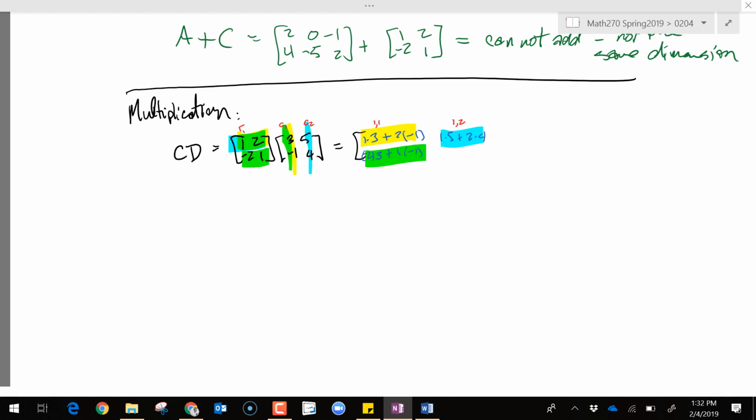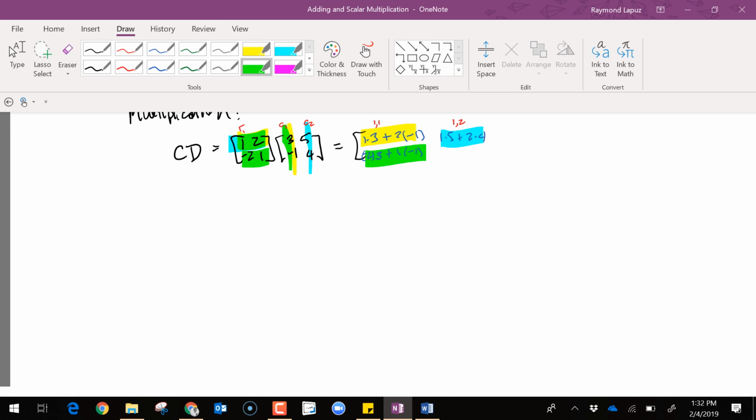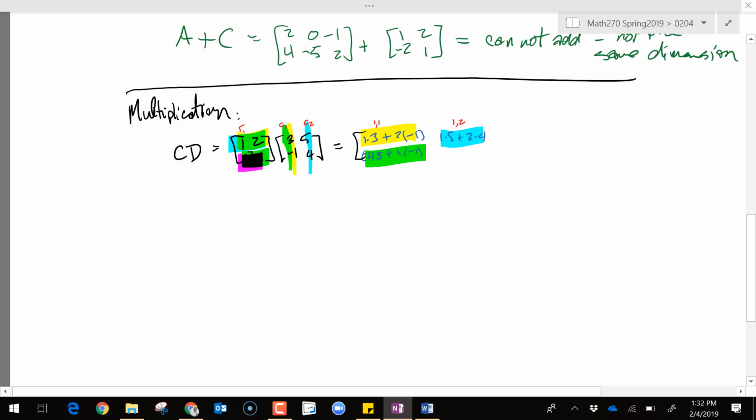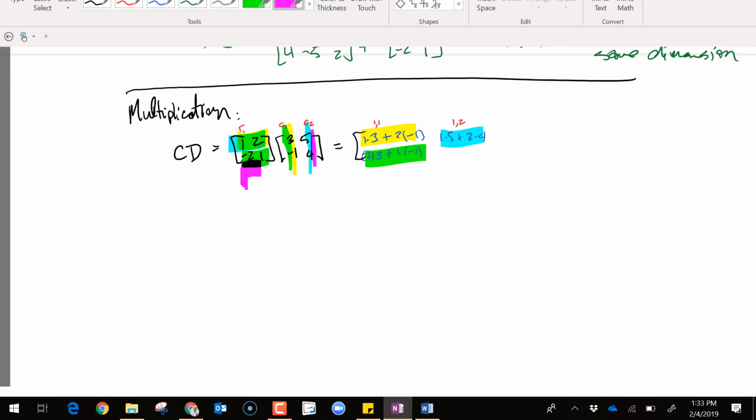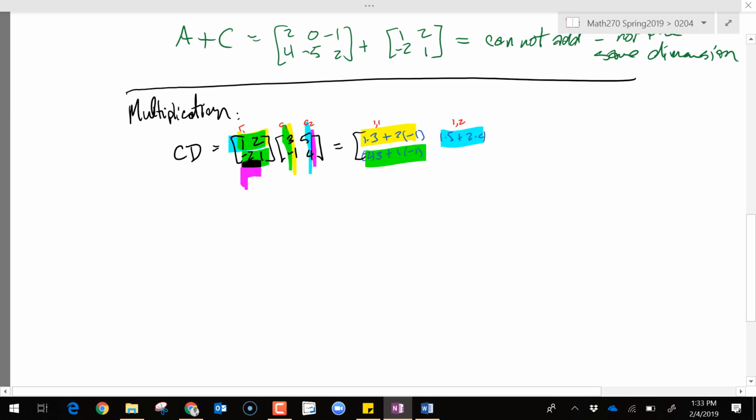You're looking at the 2, 1 spot. And then finally, the second row, second column, so that's the 2, 2 spot. In the 2, 2 spot, I would have minus 2 times 5 plus 1 times 4.